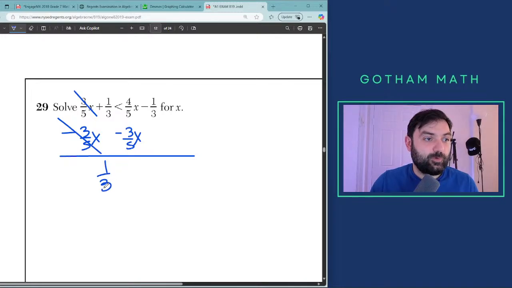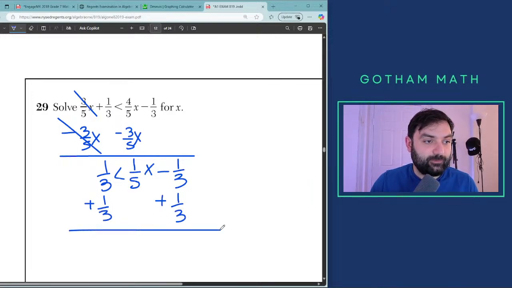So it's going to be 1/3 less than 4/5 minus 3/5, which is 1/5 x, obviously, minus 1/3. Now we're going to add 1/3 to both sides, thus eliminating the negative 1/3 from the right side. It's going to be 2/3 less than 1/5 x.